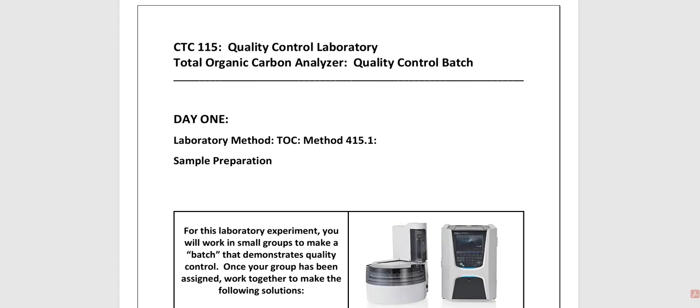And that is the purpose of our CTC 115. It's one of the purposes of our CTC 115. What is a batch? And I think that after you complete this exercise, you have a much better understanding of what a batch is compared to someone else that's maybe never had to go through this type of process before. Even though this is real life, even though this is real work, well, you're going to be work ready.